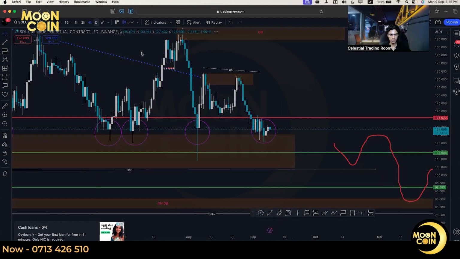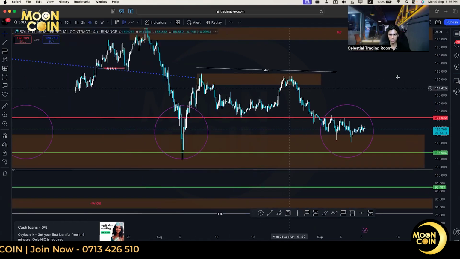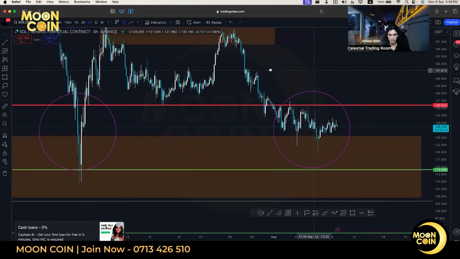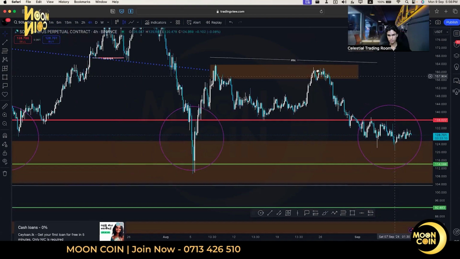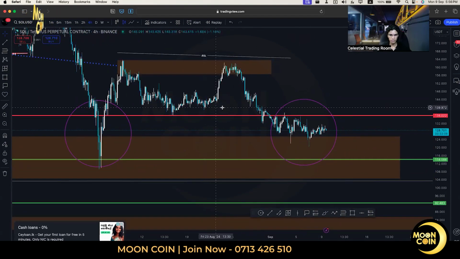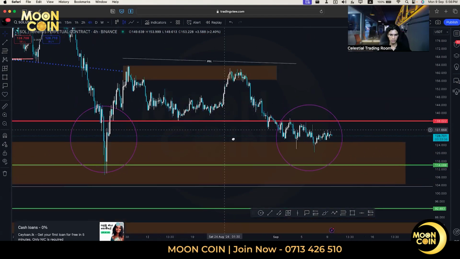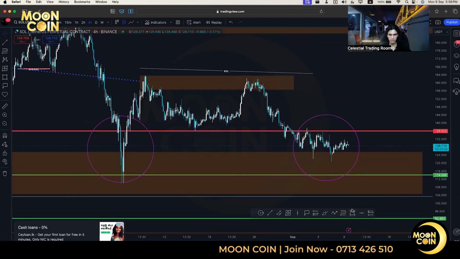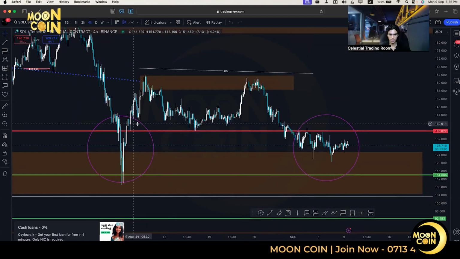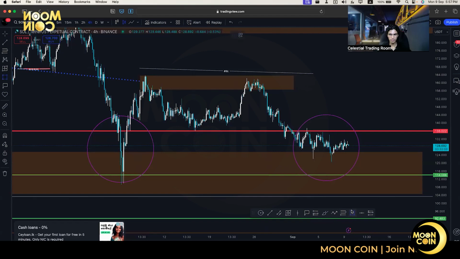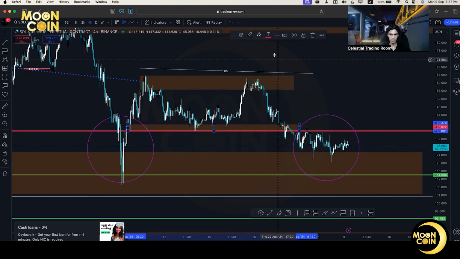Let's go into the forward chart and look deeply into the price action. Here also we had a support here. You can see a support very clearly. We have a very clear support.